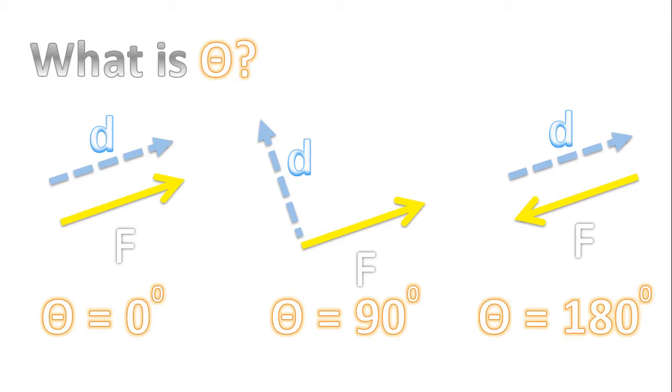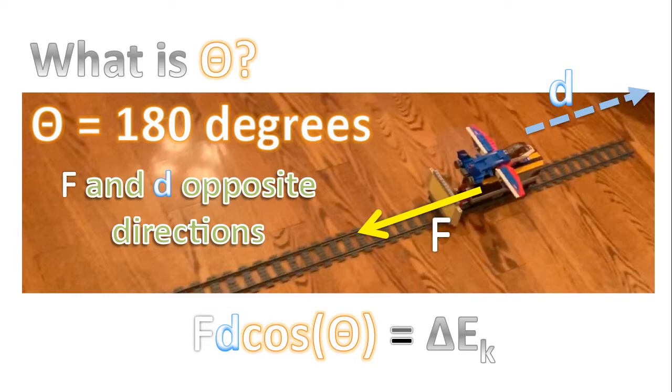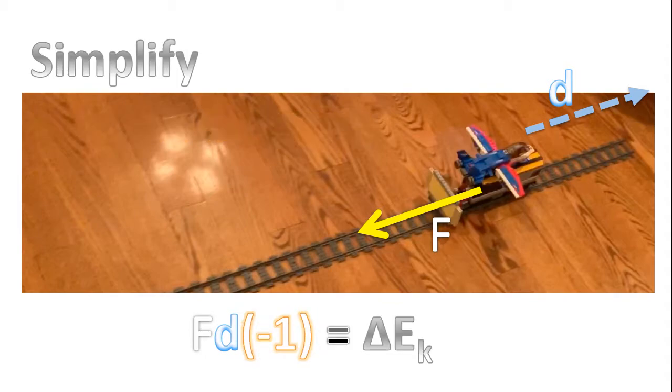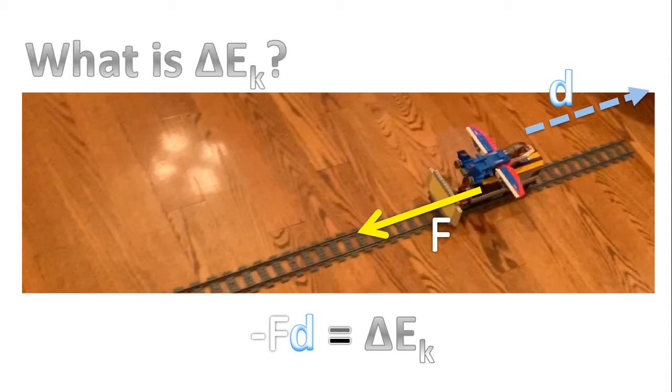When they're in opposite directions, theta is 180 degrees. And so in this situation, you can see force and displacement vector are in opposite directions. And so substituting, we know that cosine of 180 is -1. Now we're going to simplify. And there's our equation. And so the question is, what is delta EK?